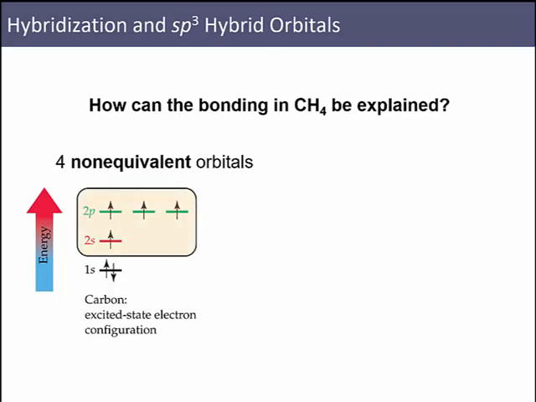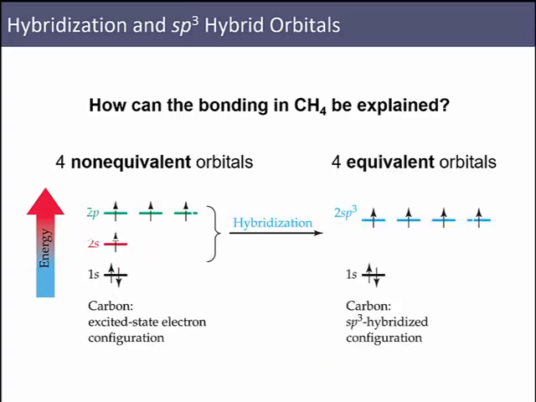Well, we're going to take these 1, 2, 3, 4 orbitals, and we will hybridize them to make 4 equivalent orbitals. And we're going to call these hybrid orbitals. The overall energy of these orbitals is a little bit less than the p, and a little bit more than the s.